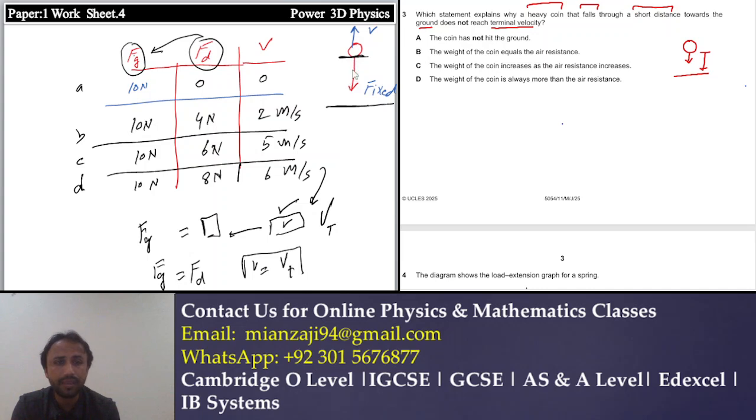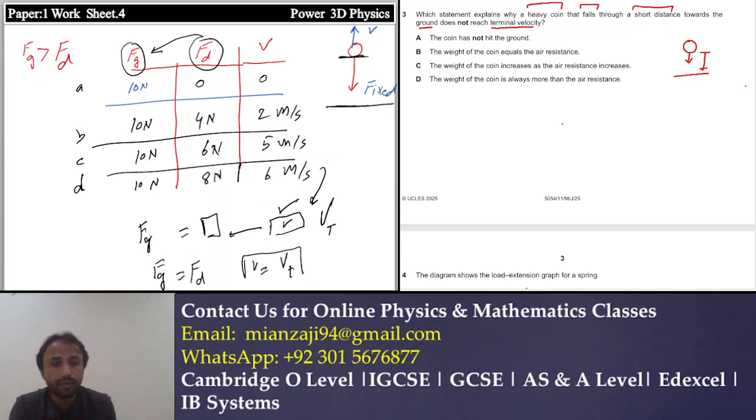It means the coin hits the ground before reaching this terminal velocity. That's why our weight force, this one, is always greater than this drag force, or you can say that weight is always greater than air resistance.